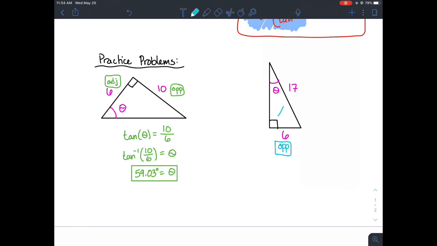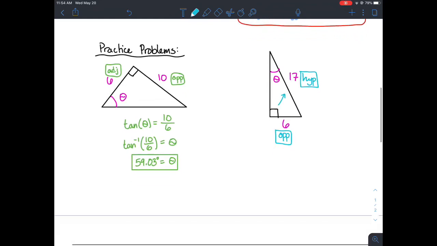And 17 is on the other side of the right angle, so this is going to be my hypotenuse. And so if I look at my trig ratios, the only one that deals with opposite and hypotenuse is sine. So I have sine of some unknown angle is equal to 6 over 17, because it's opposite over hypotenuse.